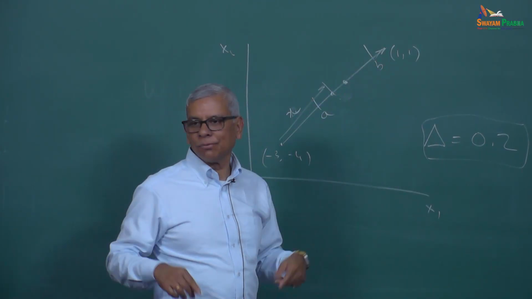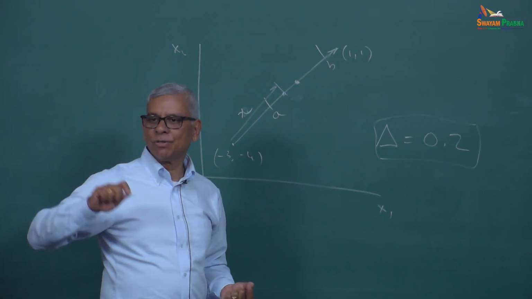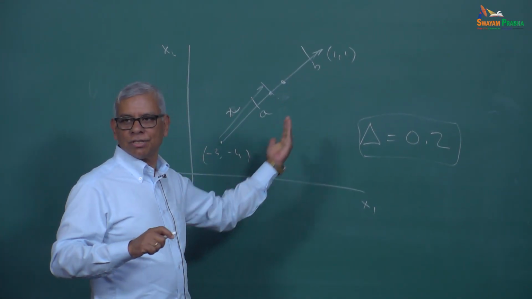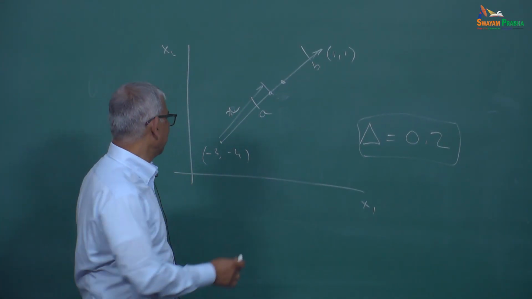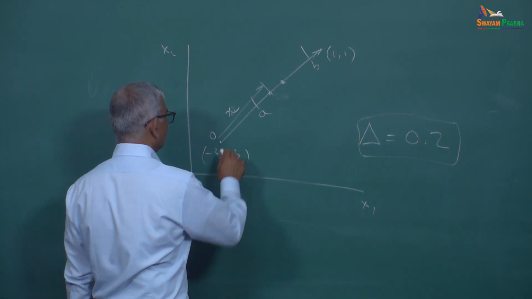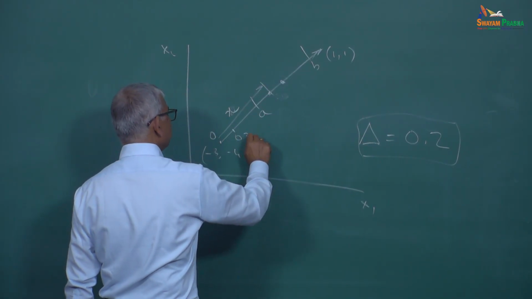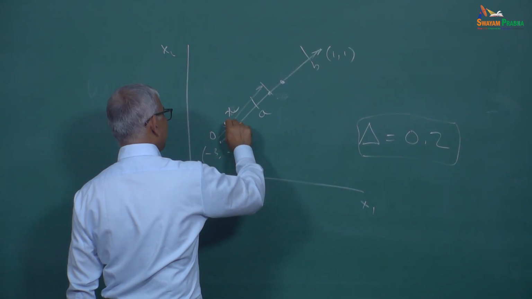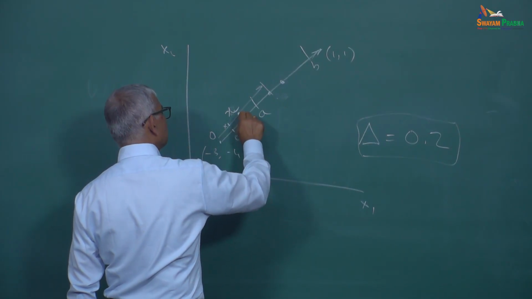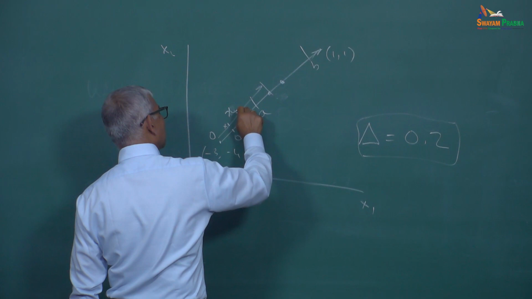So we don't have to find whether delta should be positive or negative. Delta is always positive, so straight away apply the bounding phase. This is 0, then we move to 0.2 along this, that will be my x1, and then I move to 0.4, and that will be my x2.